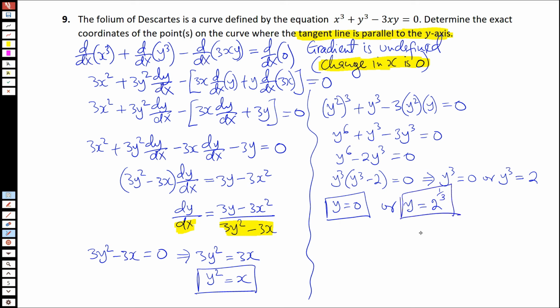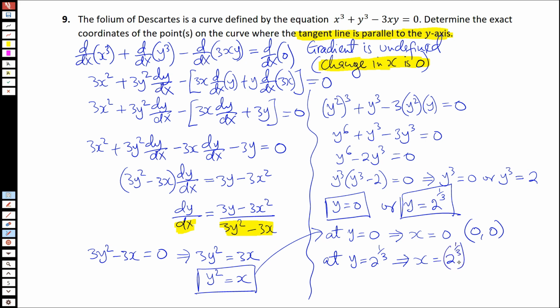All right, if you substitute here, it follows that at y equal to 0, x will also be equal to 0. So the first point will be (0, 0). And then at y equal to 2 to the power a third, it follows that x will be 2 to the power a third squared, which is 2 to the power 2 over 3.